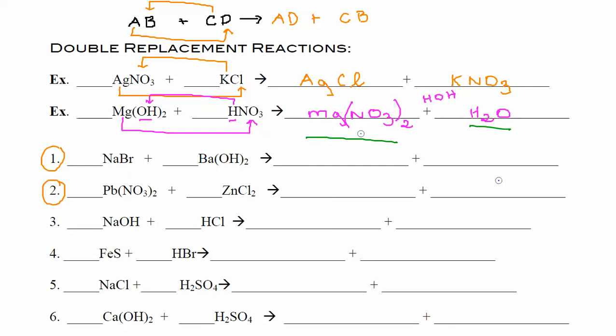So that's just something to keep in mind. Whenever you see a base and an acid together, you're going to be forming water, but rather than trying to memorize it, just keep in mind the fact that you're just combining outies with innies. Okay? So complete number 1 and 2 for homework, and then we'll go over the answers in class together.